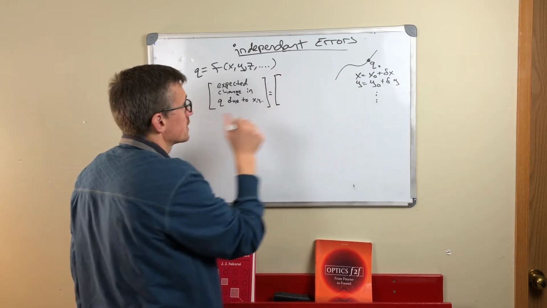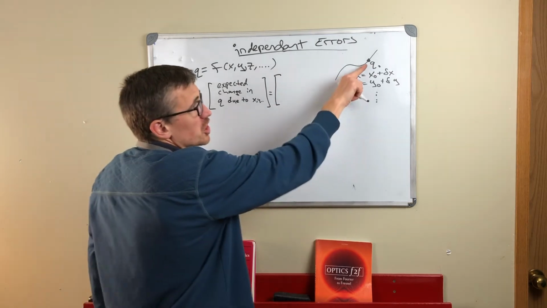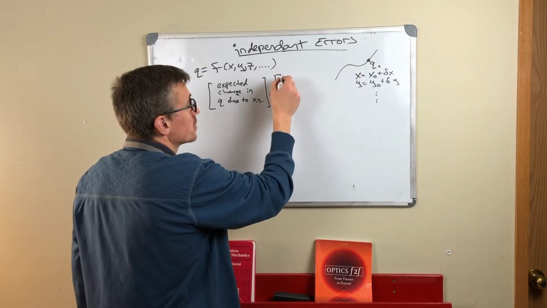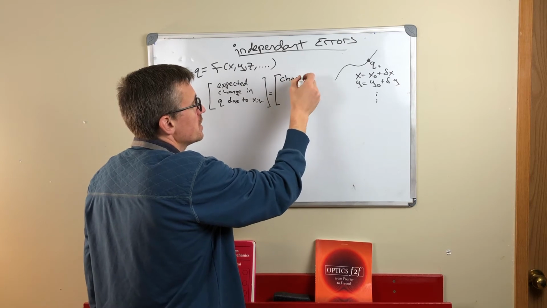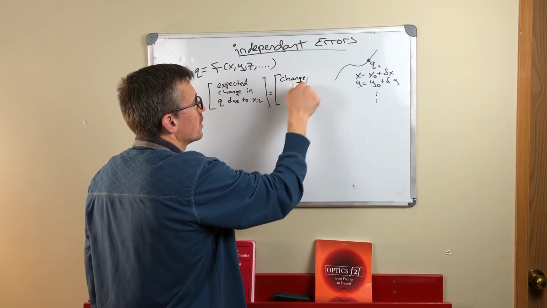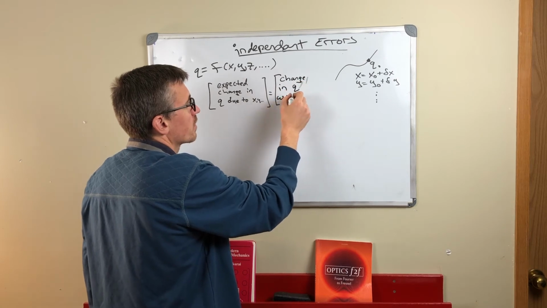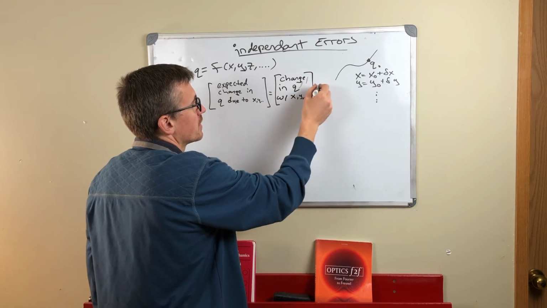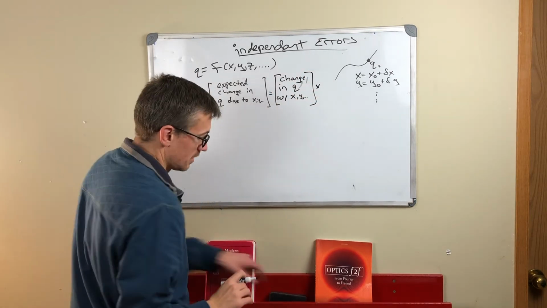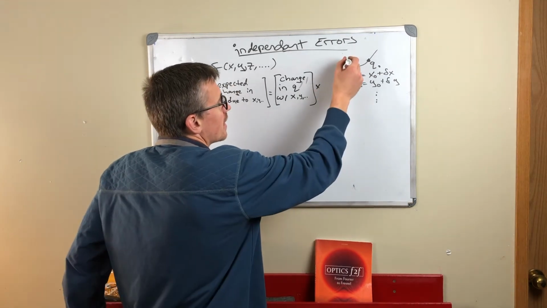Well, if we look at this, we see that is equal to how much q is changing. So the change in q with that variable, x or y or so on, times, I have to truncate part of this function here so I can fit it, times what?